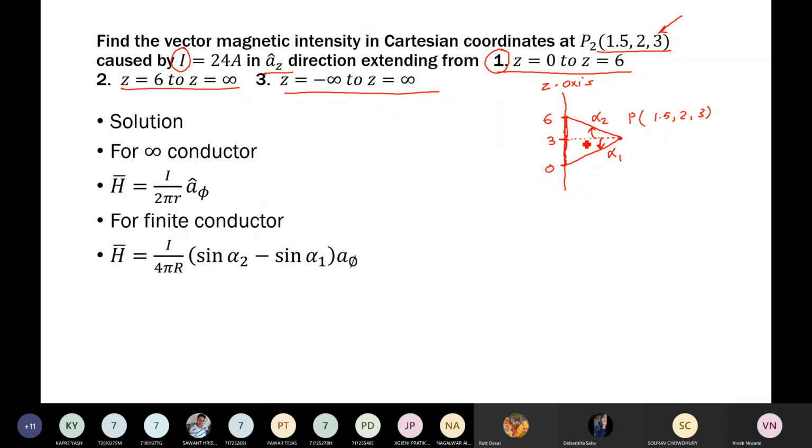Hello, am I audible? Yes, sir. Okay, someone please tell me how you are going to apply the trigonometry over there, how you are going to get those angles.